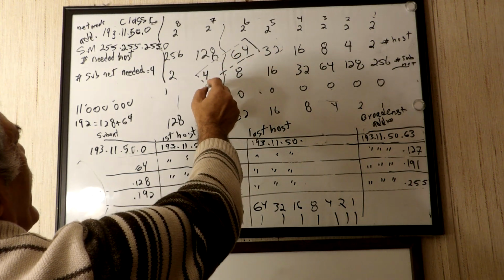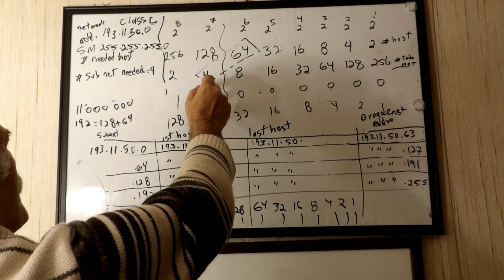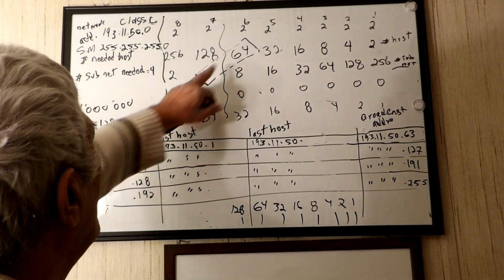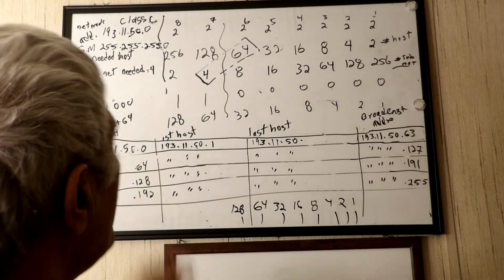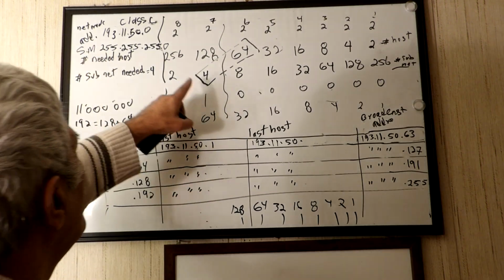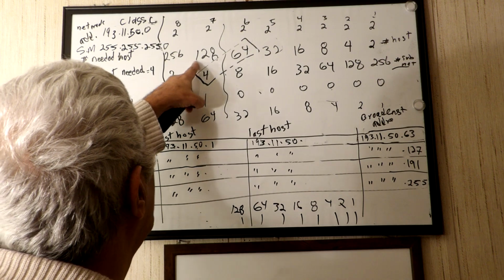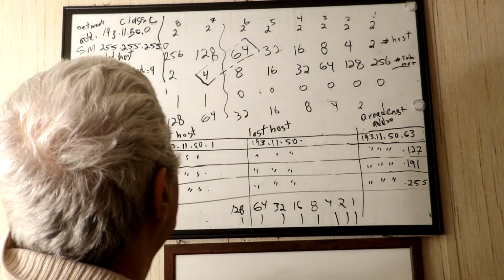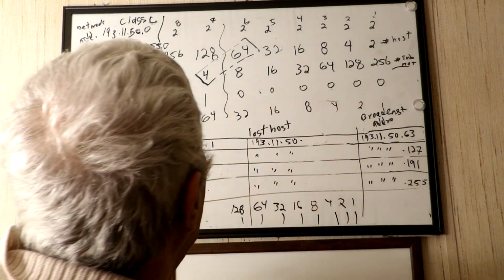So you have 4 subnets and 64 hosts in each subnet. If you multiply them together, it's going to be 256. All of them: 2 by 128 is 256, 8 by 32, 16 by 16 is 256, and so on.